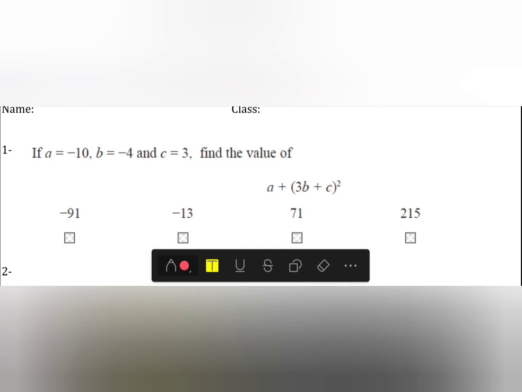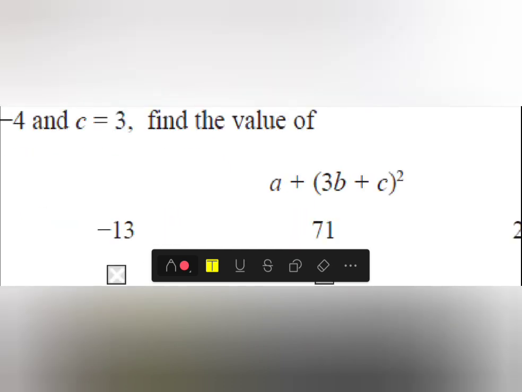So here, A is negative 10, so we write negative 10. And then plus bracket 3 multiplied by B. And we said that before, that any number attached to a variable means it's multiplied with it. And B here is what?